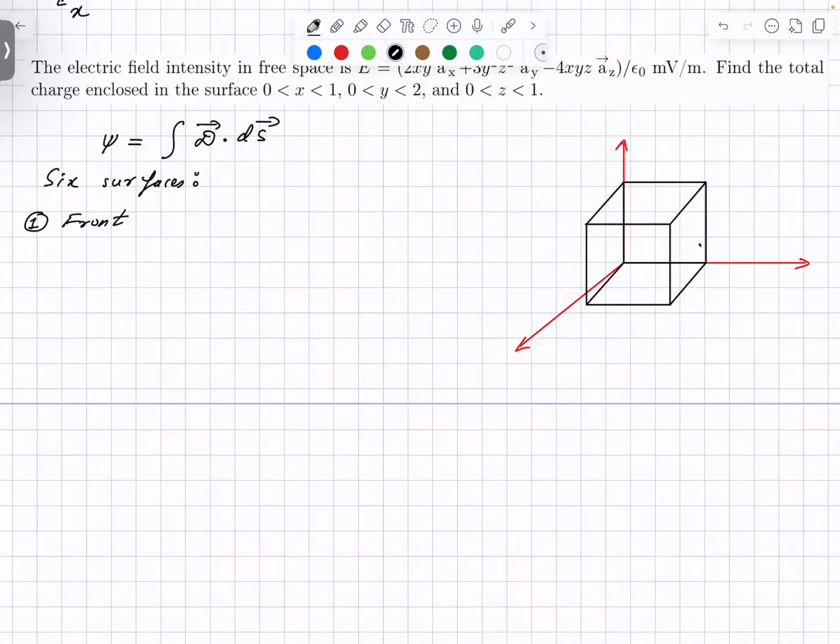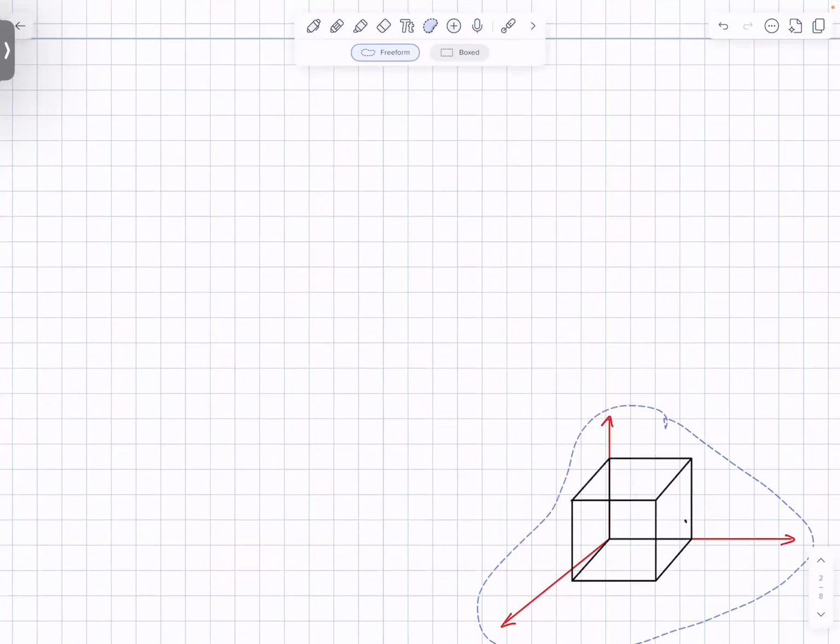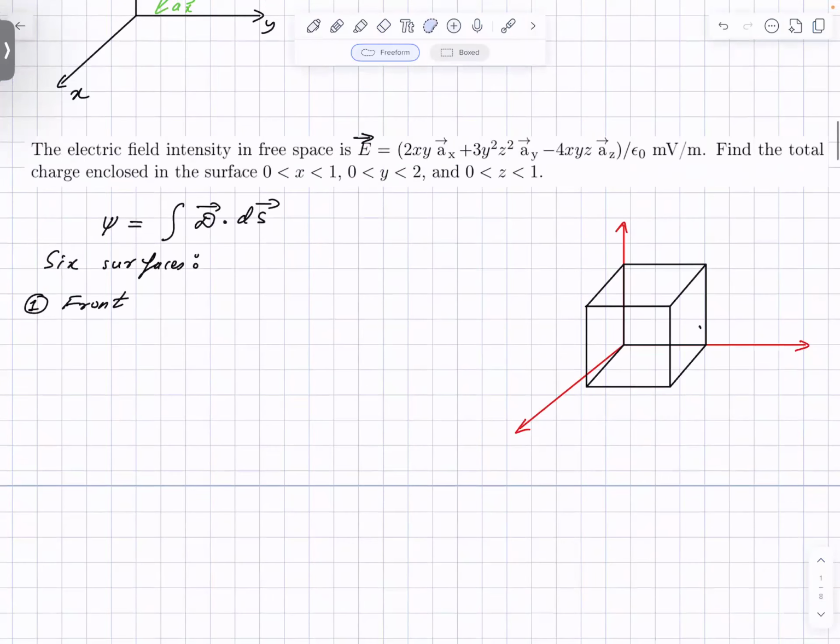And if we want to find the flux coming out of the front, consider just the front surface, and there will be flux coming out of that surface, and we can evaluate that.